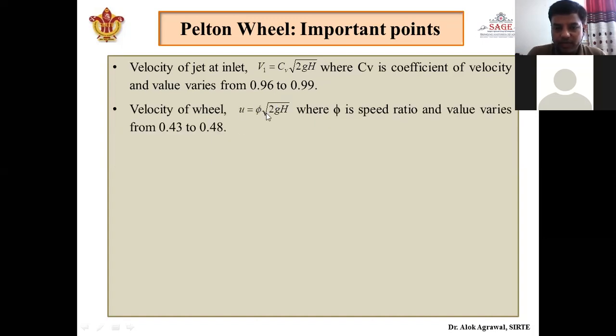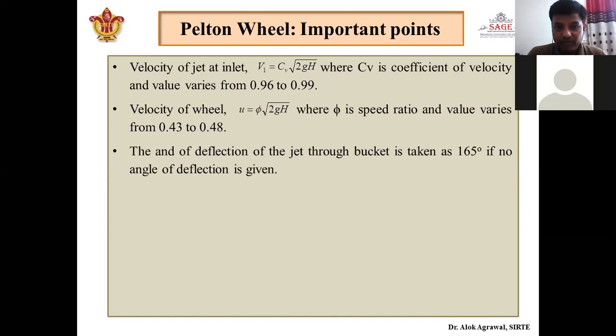Velocity of wheel will be equal to phi into under root 2gH, where phi is the speed ratio, whose value varies from 0.43 to 0.42. Generally, what is given in the numerical is net head, coefficient of velocity and speed ratio. So with these two formulas, we can easily calculate the velocity of jet and blade velocity.